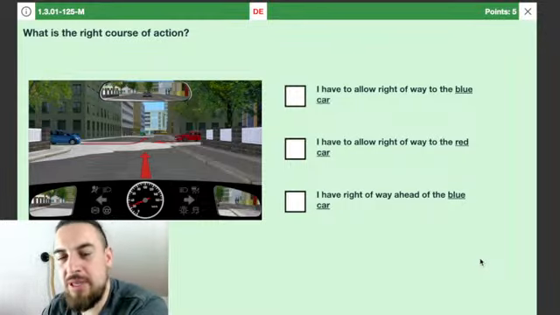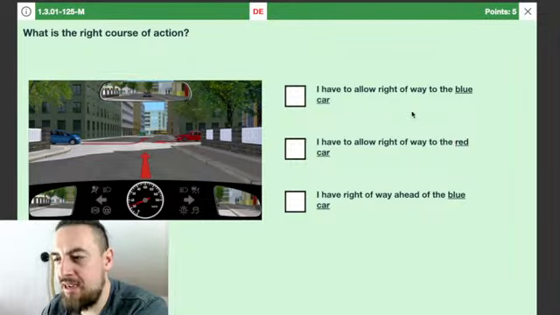At that picture, we could see that there was no traffic sign, so the rule right before left applies here. And I have to allow right of way to the blue car. I have to allow right of way to the red car. Yes, I have right of way ahead the blue car.